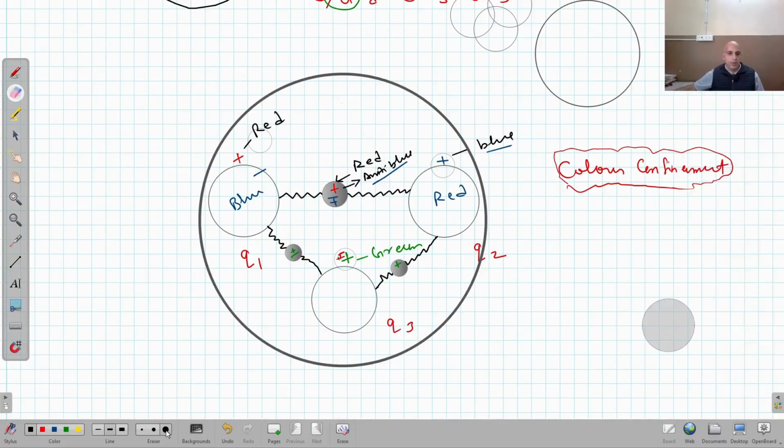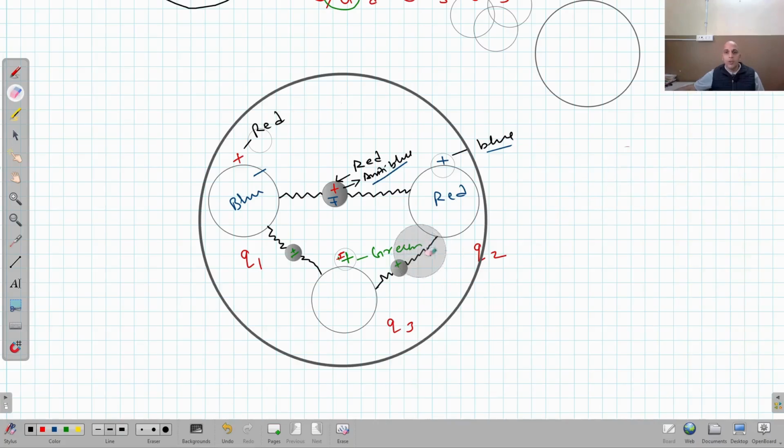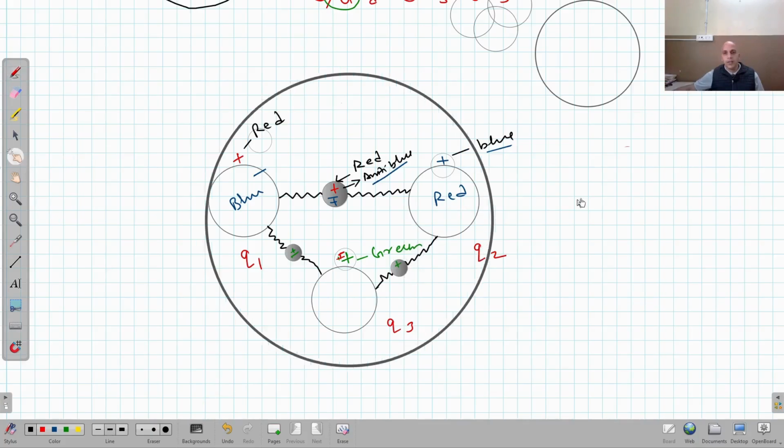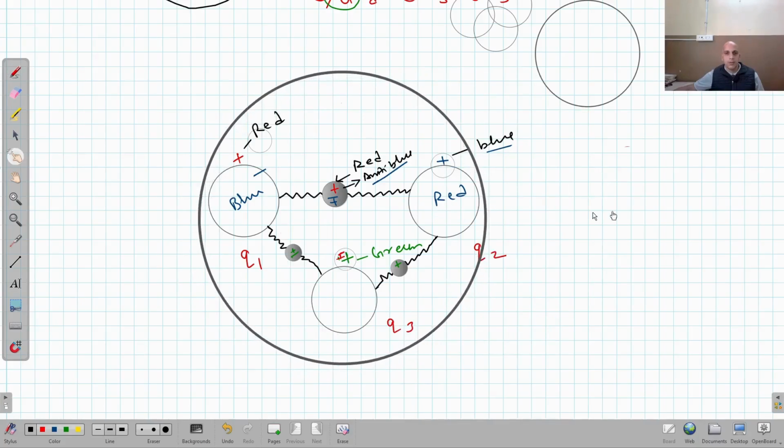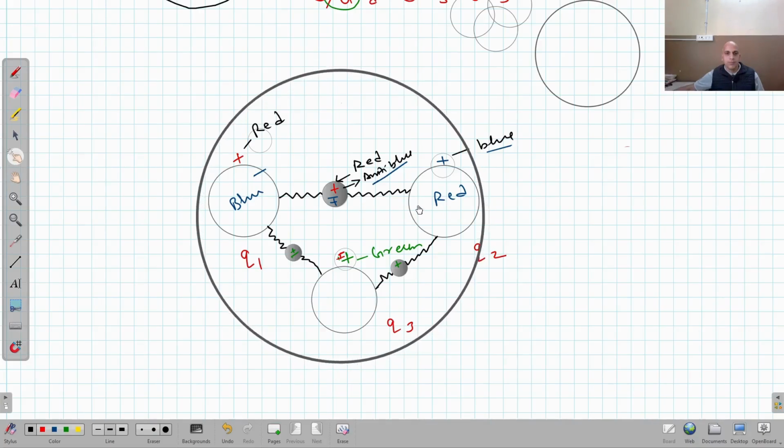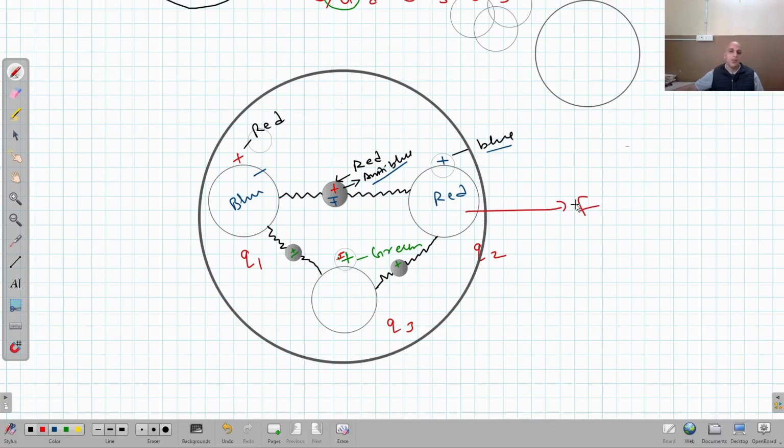So when you try to pull this quark away from here, right? If you want to take this quark toward this side by applying some force, then these two bonds, this one and this one, will start behaving like an elastic string.